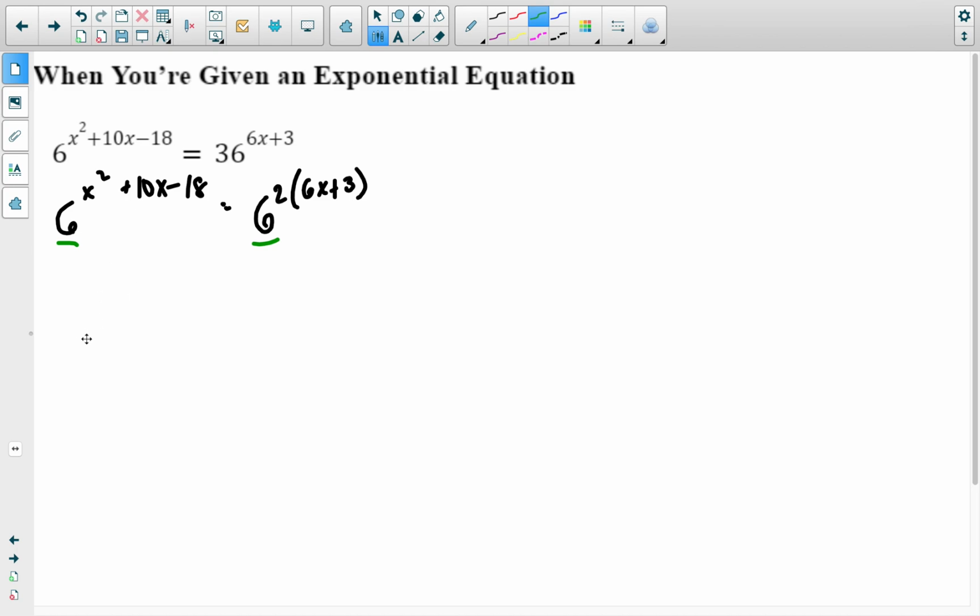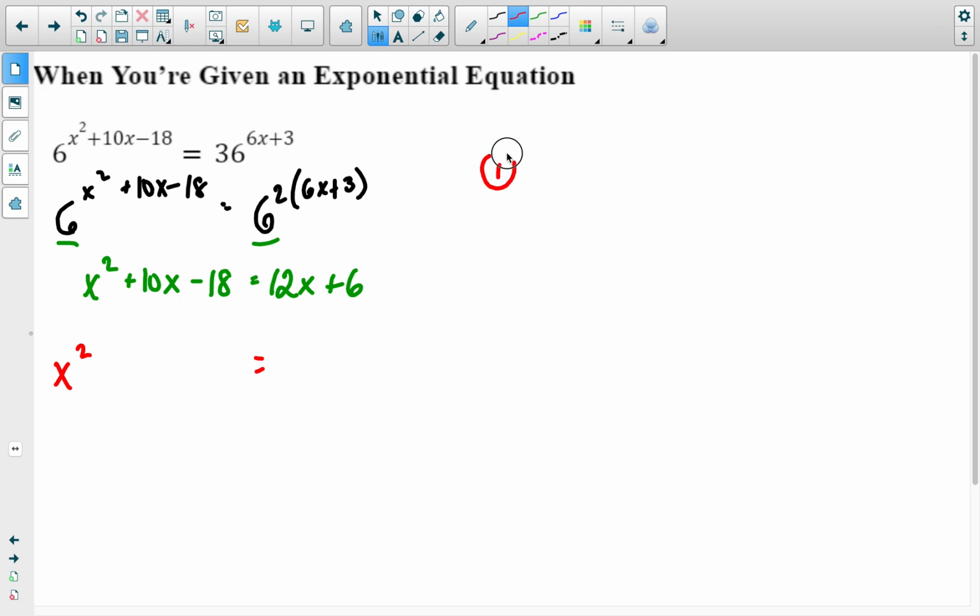Okay, so this one's actually pretty straightforward. We can now set their exponents equal. X squared plus 10x minus 18 equals 12x plus 6. We're working with a quadratic, so we get everything on one side, set ourselves equal to 0, right?